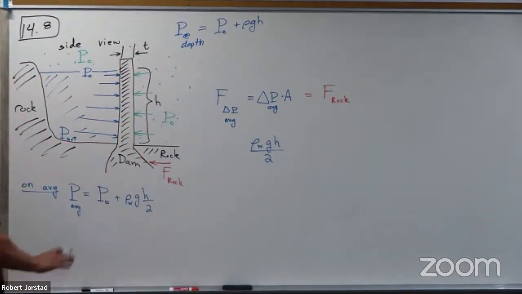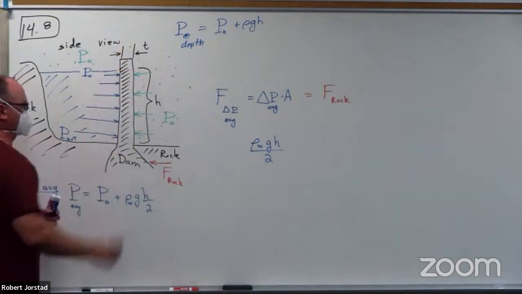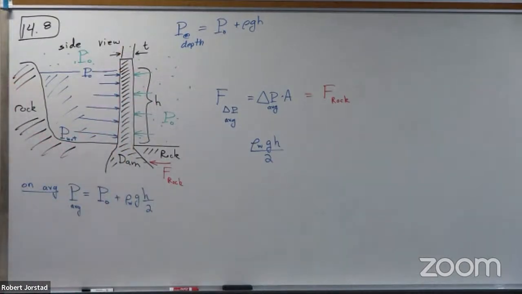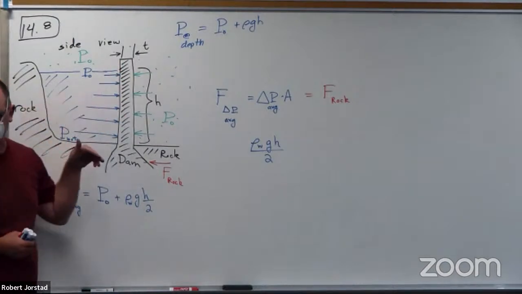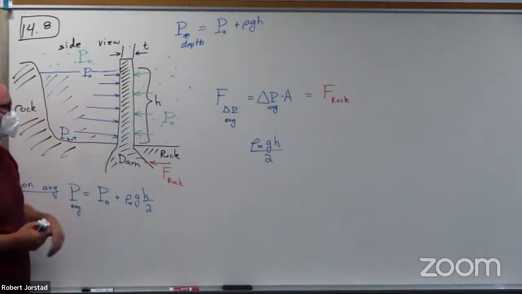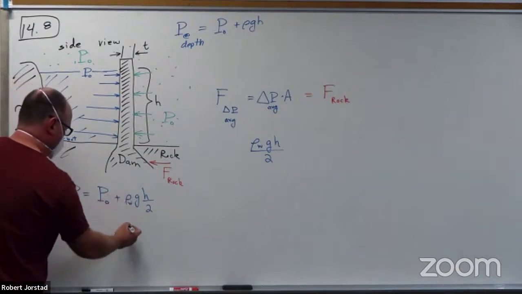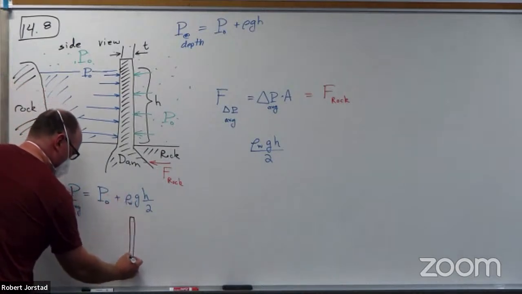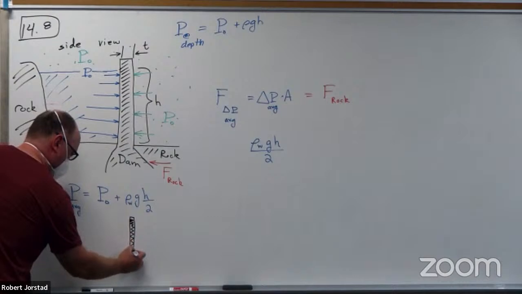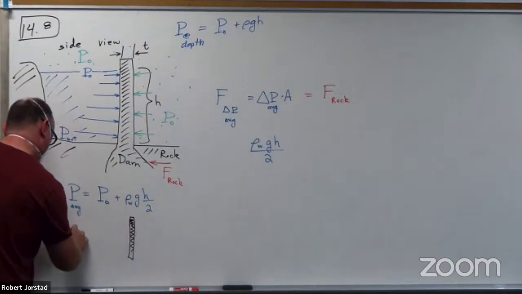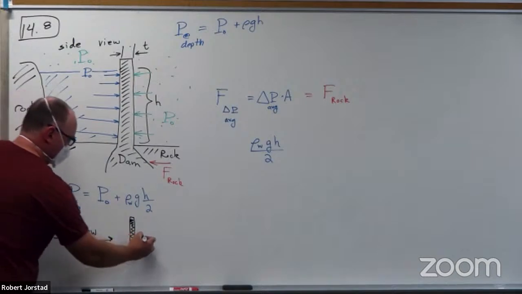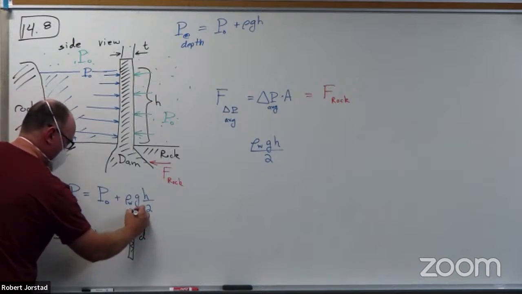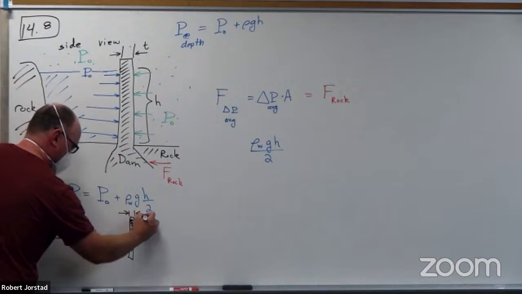The area is not H times T. That's a cross-sectional area here, but that's not the area that the pressure is pushing on. Do you agree? So if we do a top view of the dam, this is a top view. We're told that that dimension is D, and there's the thickness of the dam.